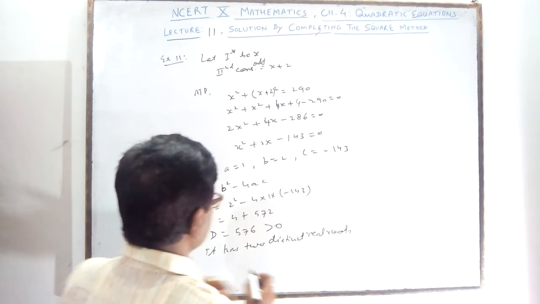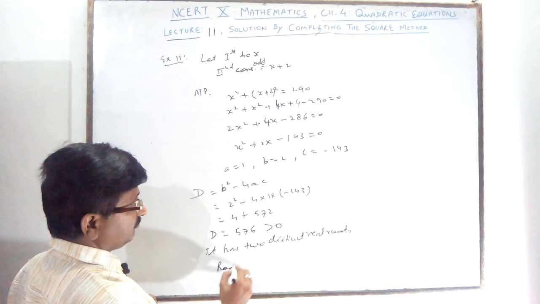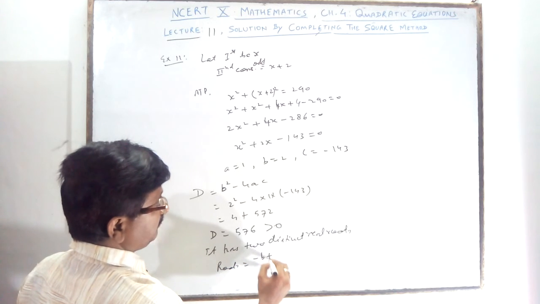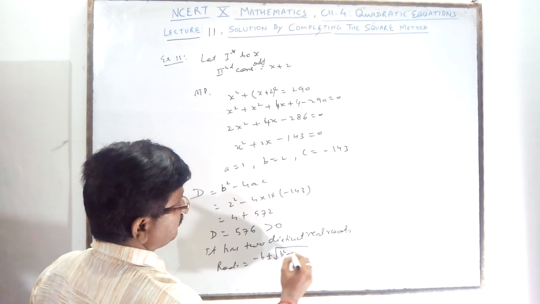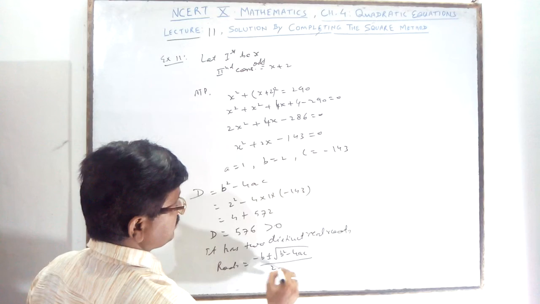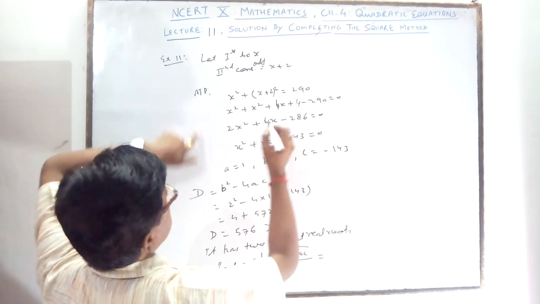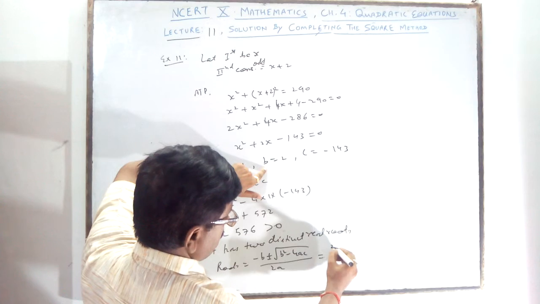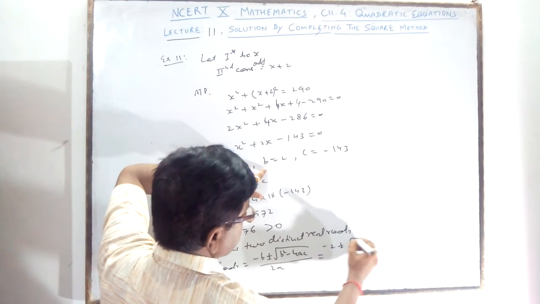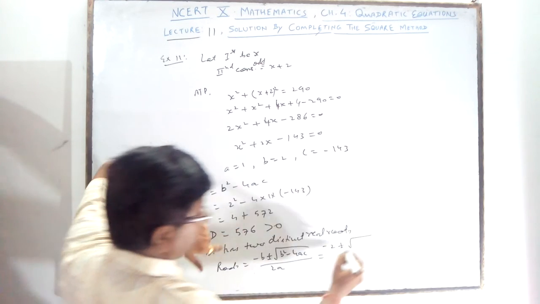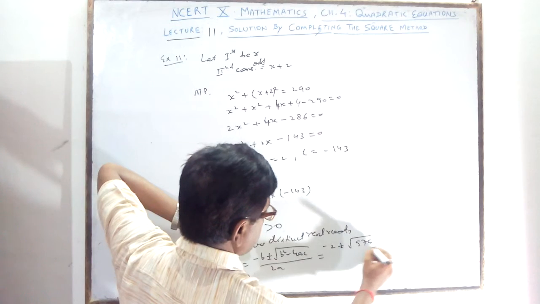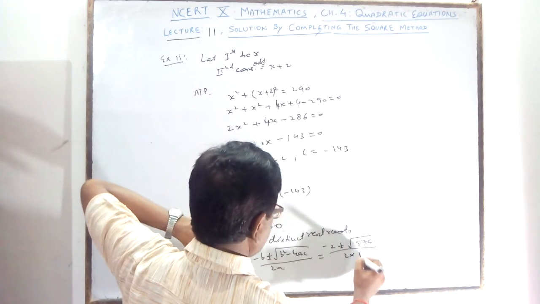So therefore roots is equal to, formula you write down, minus b plus minus root b square minus 4ac by 2a. Put the values. b is 2. Minus 2 plus minus under root D, directly 576, upon 2 into 1.